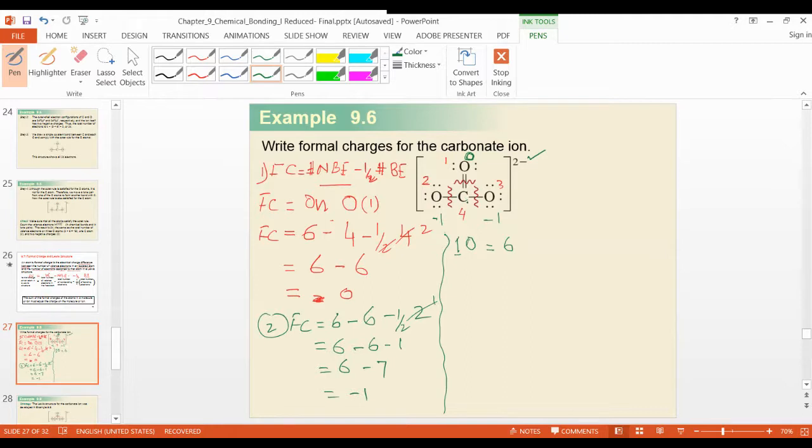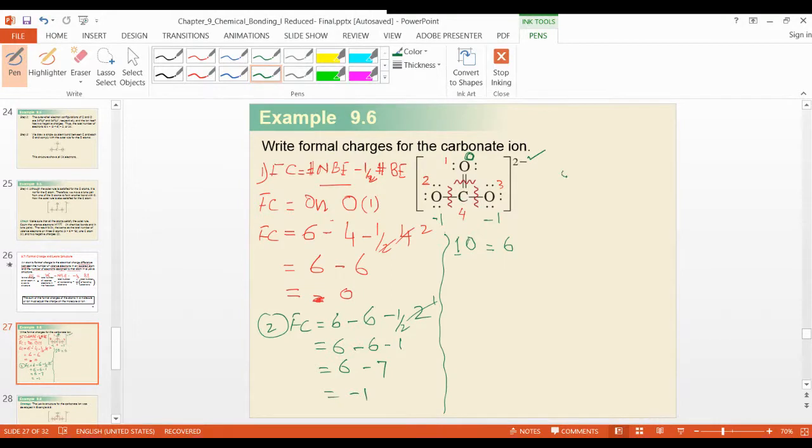How many total electrons if you break down this bond, so how many electrons will go to the oxygen and how many electrons will go to the carbon? 4 electrons total. So this 2 electrons will go to the oxygen and 2 electrons will go to the carbon, right?